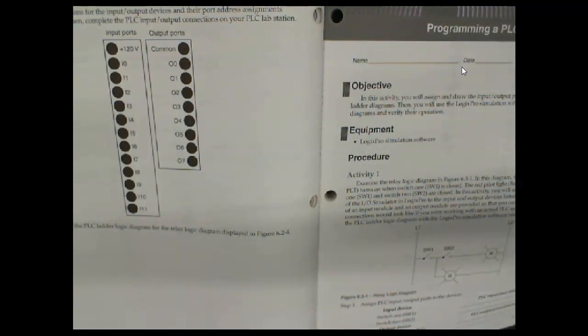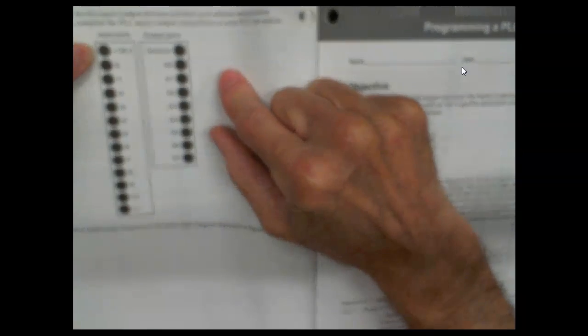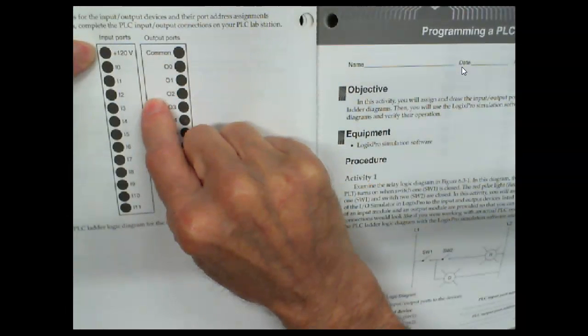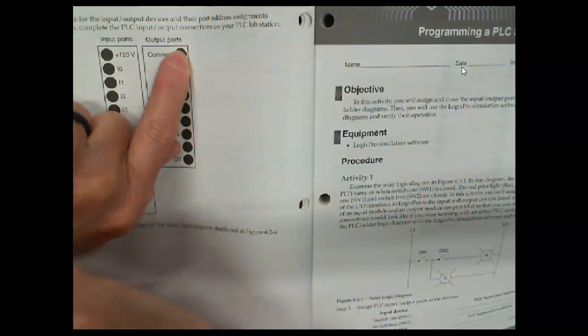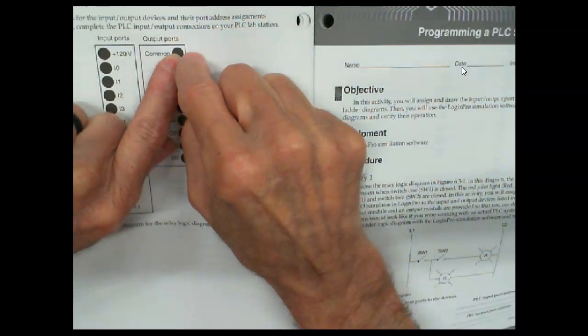This is minus, this is plus. It depends on how we hook the battery up or the DC source. So on this one, we're going to point the minus toward that dot. On this one, we're going to point the plus toward that dot.